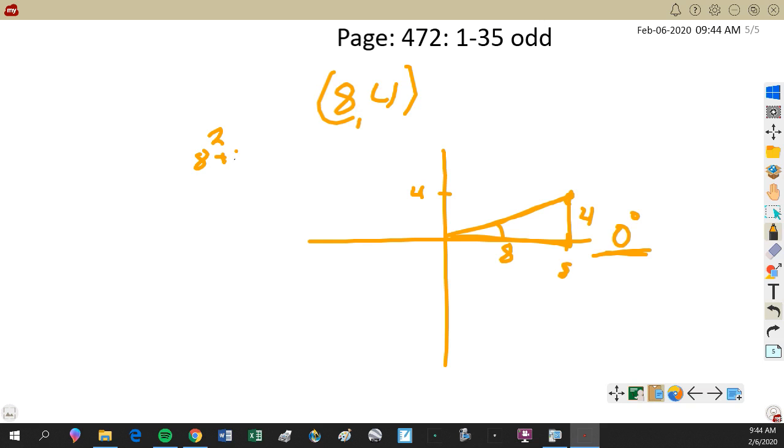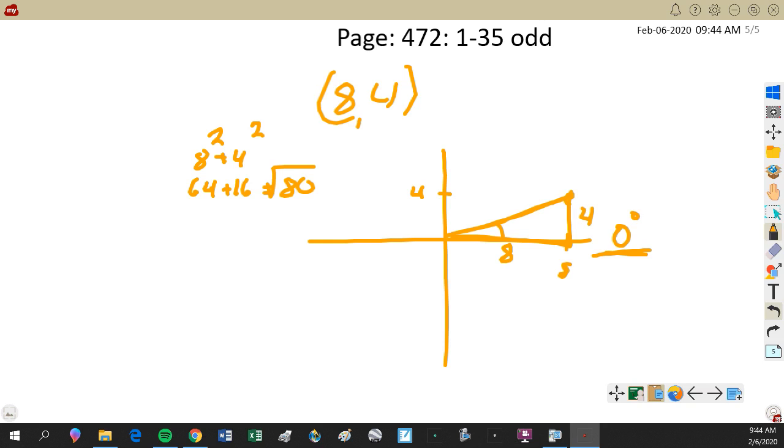8 squared plus 4 squared. That's 64 plus 16 equals 80. And we take the square root of 80. Is 80 divisible by any perfect squares? Like 4, 9, 16, 25.